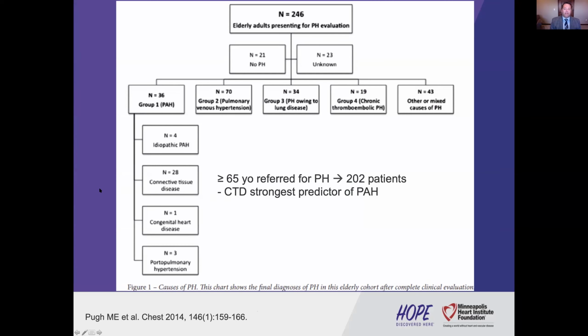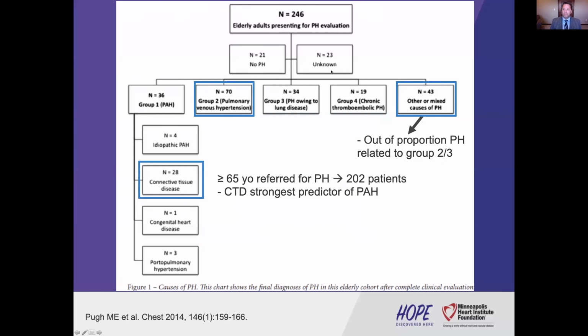When we look at different referral centers, this is a study published from our Vanderbilt colleagues looking at 246 elderly patients greater than age 65. What they found is that the majority of the referral population, over 50%, fell into a group with hemodynamics consistent with either group 2 pulmonary hypertension or a mixed or combined pre and post capillary pulmonary hypertension.